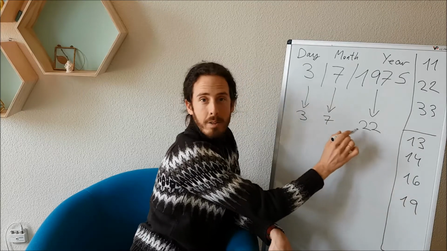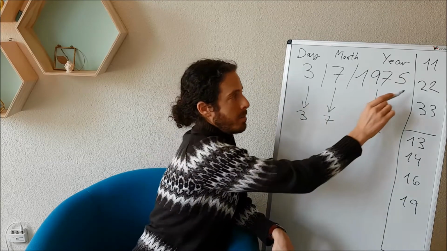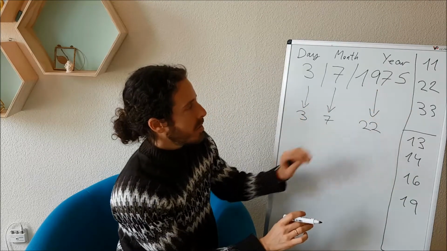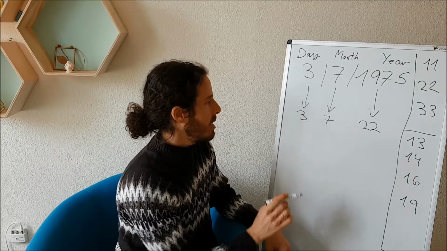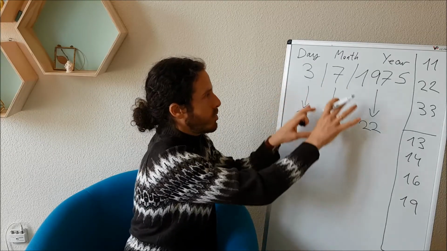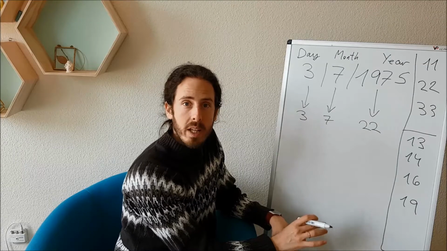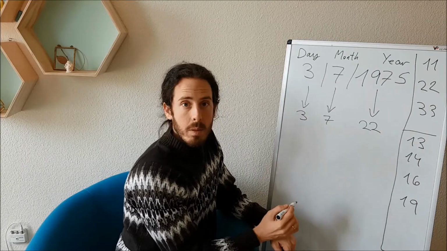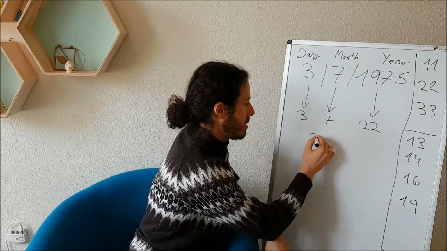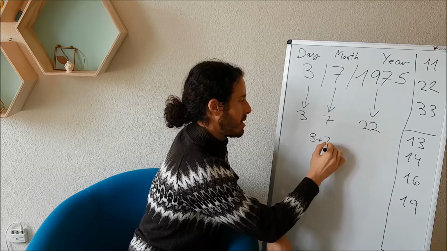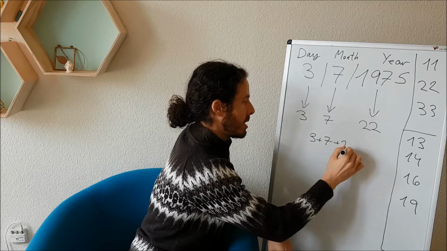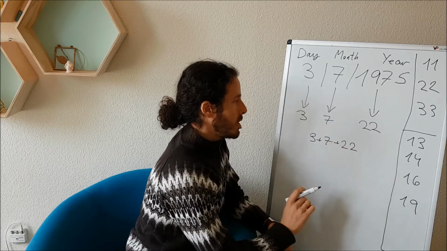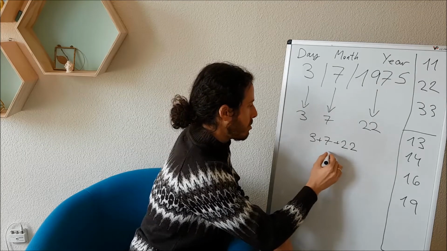Now here we have a 22, and 22 is a master number, so we leave the 22 as is. After we reduced the 3 parts of the full date of birth, we sum them all up. So we have 3 plus 7 plus 22. That equals 32.